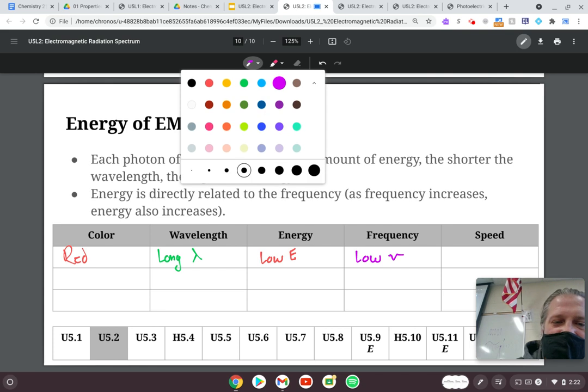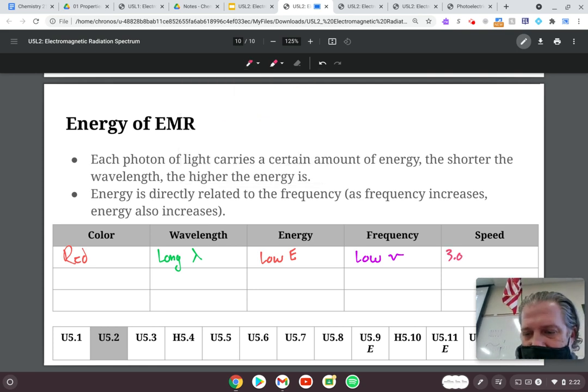But the speed at which the photons were traveling was 3.00 times 10 to the 8 meters per second.